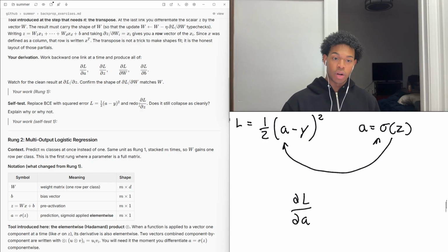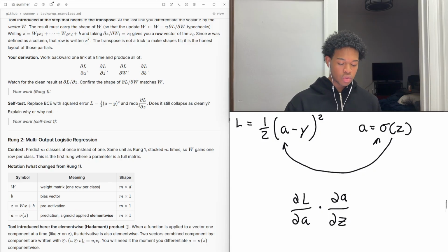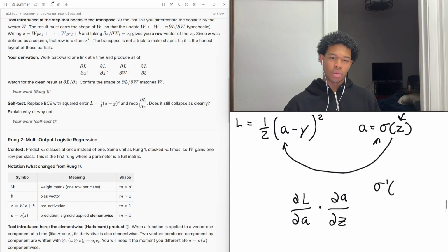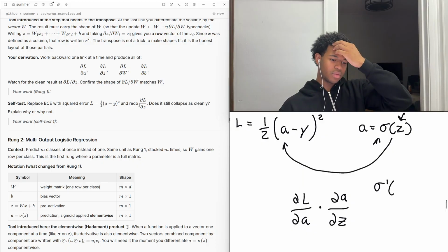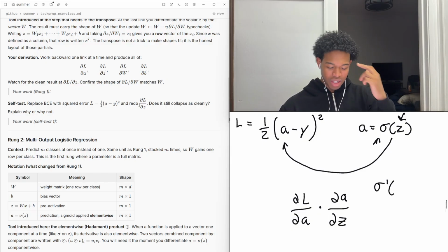But if you wanted to do it with respect to Z, then you do need A with respect to Z. And sort of when we do sigmoid prime, by default, we do the chain. You know what I mean? We chain rule all the way. And it's still not clicking for me yet.